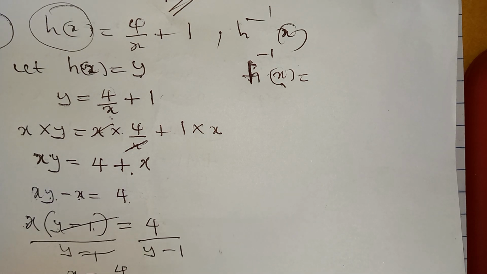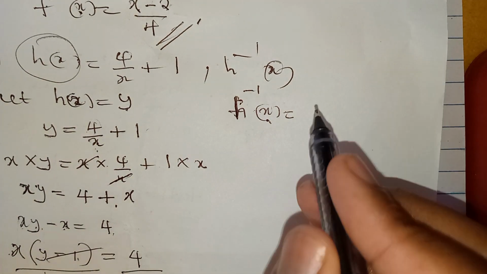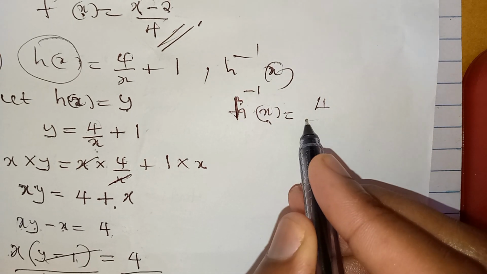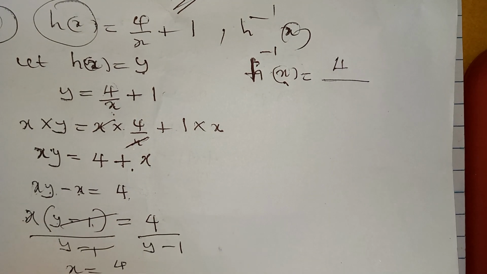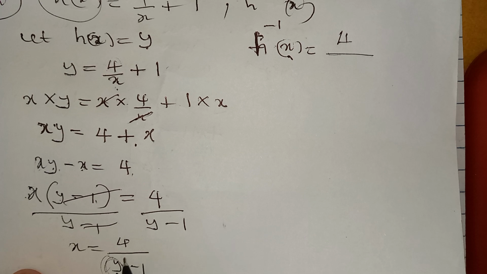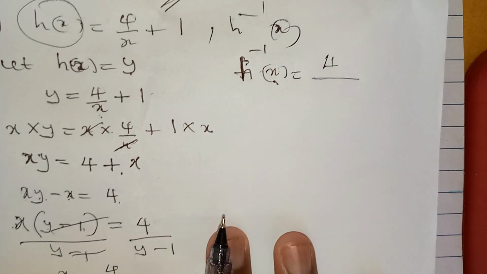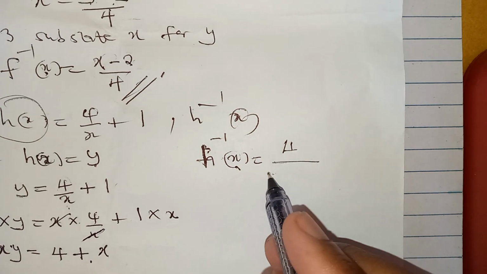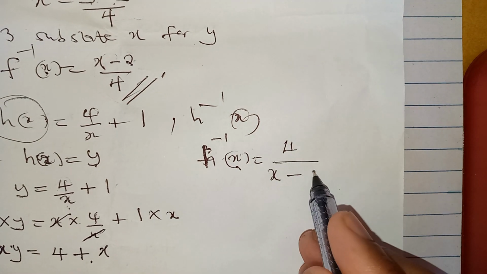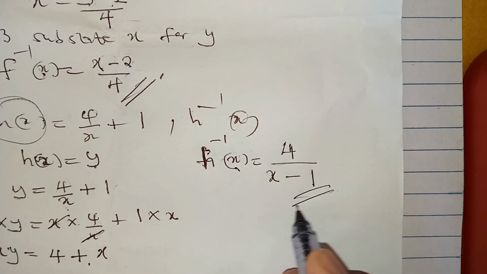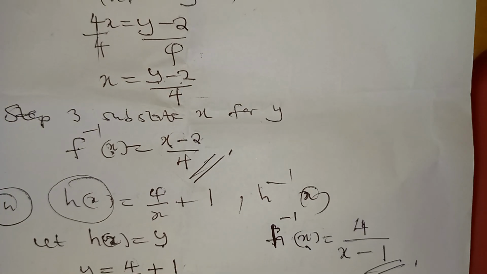So where we have y, we put x, and we write it the way it is. So it'll be 4 over, where we are having y, we substitute x as the last step. So we're going to have x minus 1. Then you are done. As easy as this.